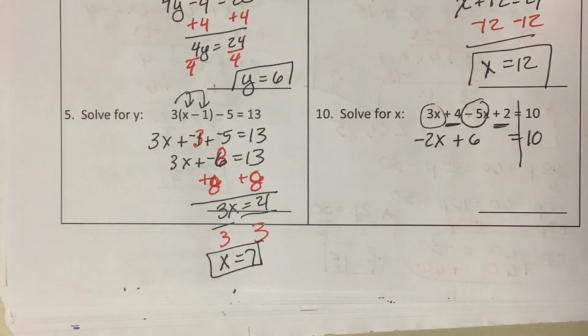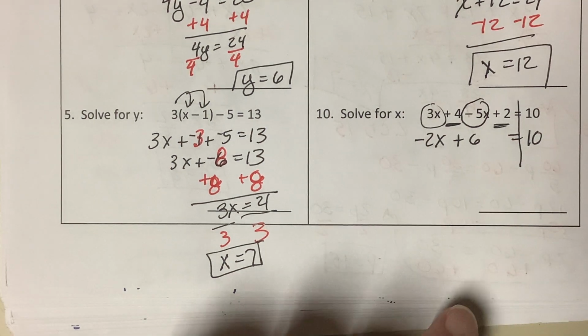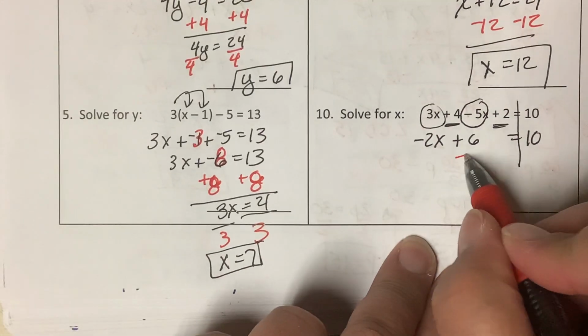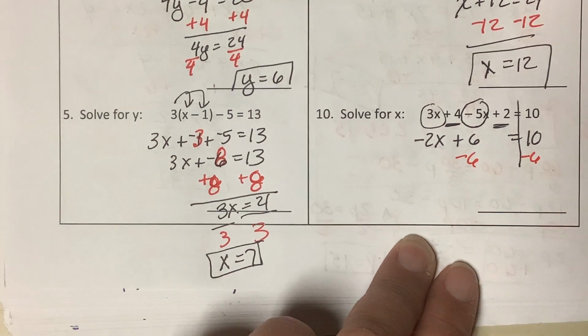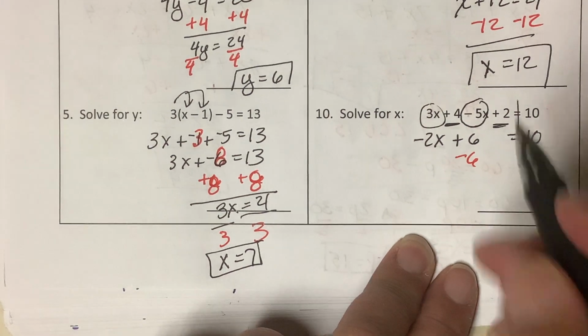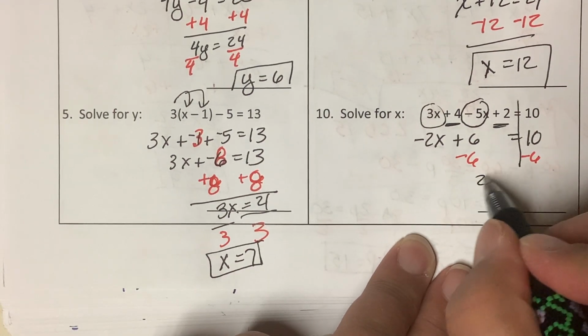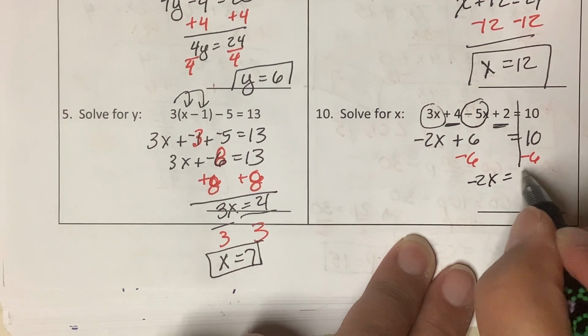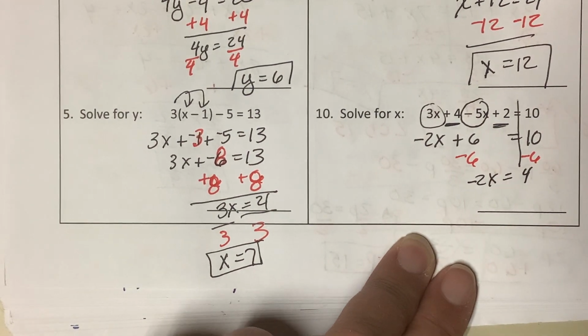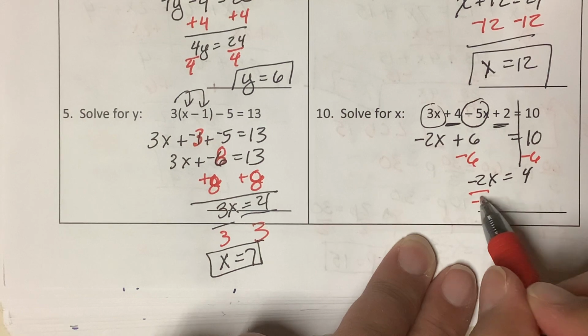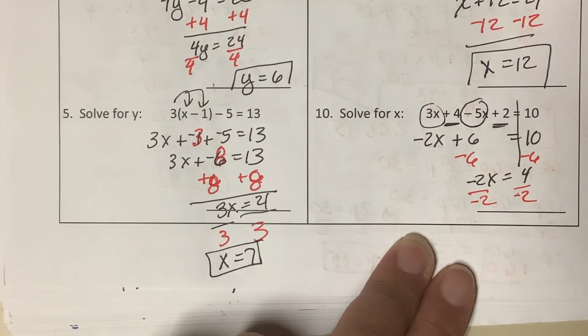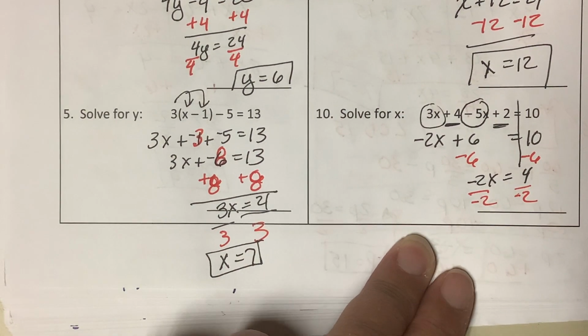It's only when you have to go to the opposite side of the equal sign that you do the opposite operation. Okay, I'm going to minus 6 from both sides. Negative 2x equals 4. Divide both sides by negative 2. And x equals negative 2.